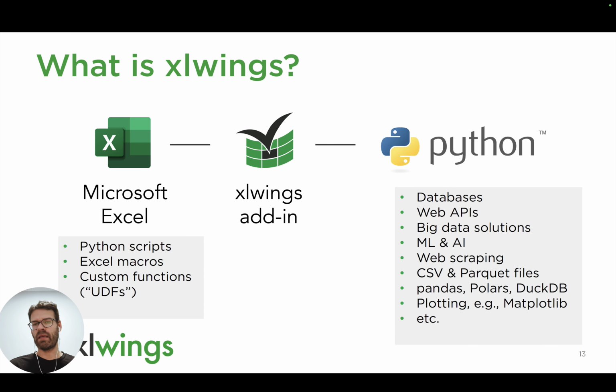And so xlwings is, think of it as an Excel add-in that sits between Microsoft Excel and Python, and allows you to access the whole Python universe directly in Excel. And that really gives Python developers the ability to quickly create tools that can be used by Excel users.